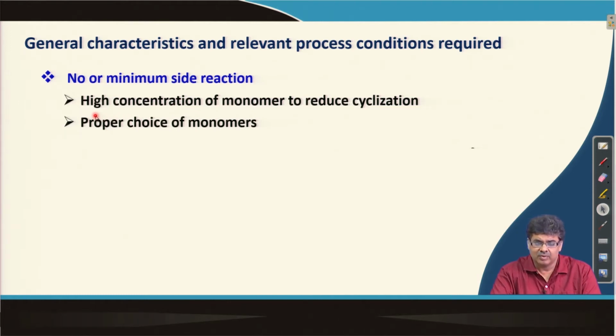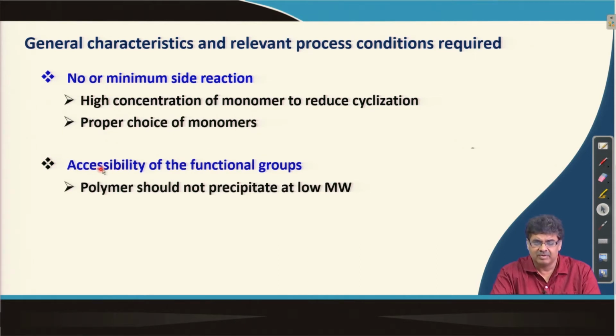And we also prefer to do the reaction with high concentration monomer to reduce cyclization, and proper choice of monomers needs to be taken care of. One of the also important things is the accessibility of functional groups. The polymers which we are synthesizing should not precipitate from the reaction during the polymerization.